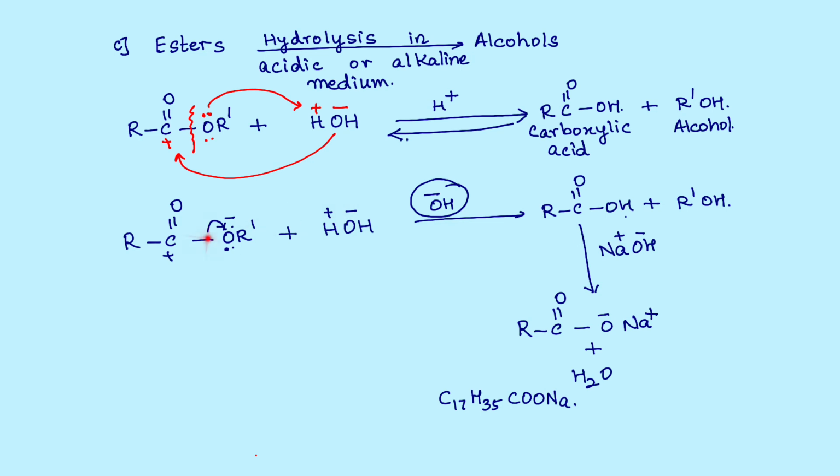That means I can use this type of an example where I take esters of higher fatty acids and I can convert them into sodium salts of fatty acids, which are called soaps, right? That means I'm making soap, correct?